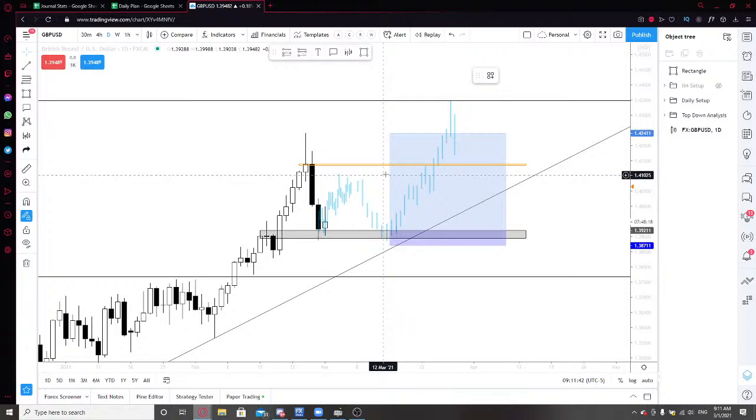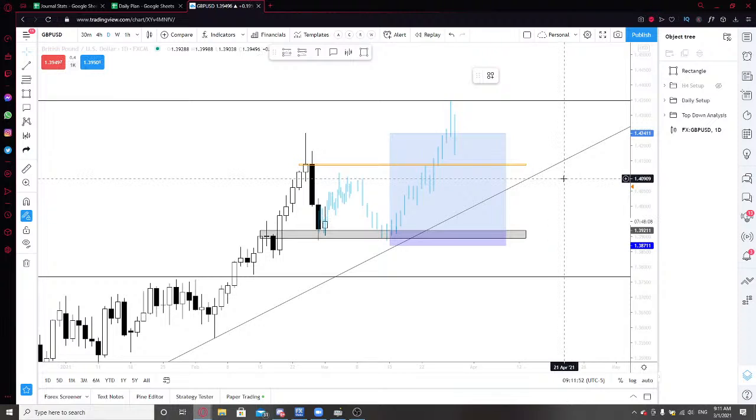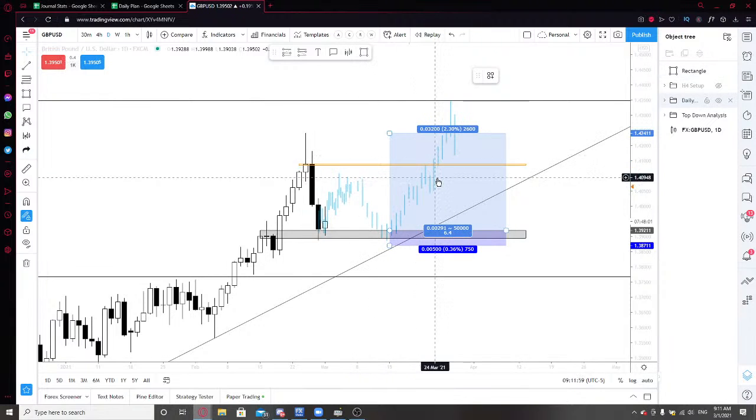The reason for that is because there's a possible double top that could form here, and if that does form, I want to be out of the trade. I want to secure my profits. That's my consideration basically for closing in this situation.